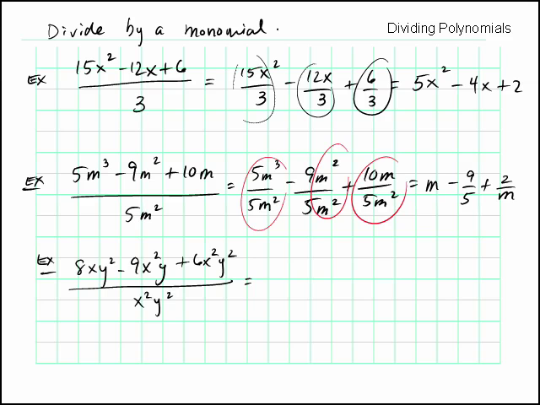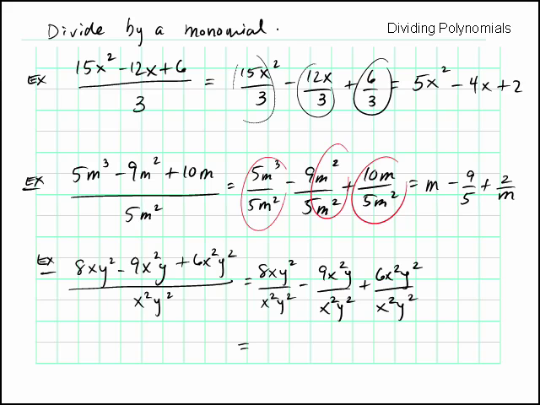Yet again, I'm going to break this up into 3 smaller fractions: minus 9x squared y squared over x squared y squared, and 6x squared y squared over x squared y squared. And let me write the answer down here. Simplify each one.